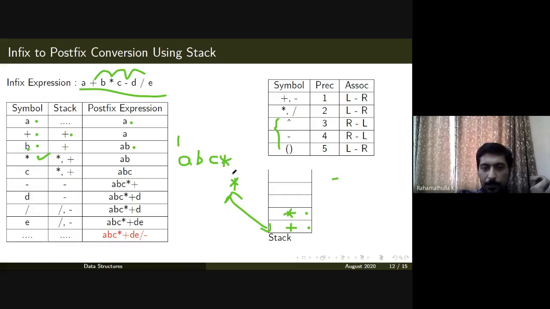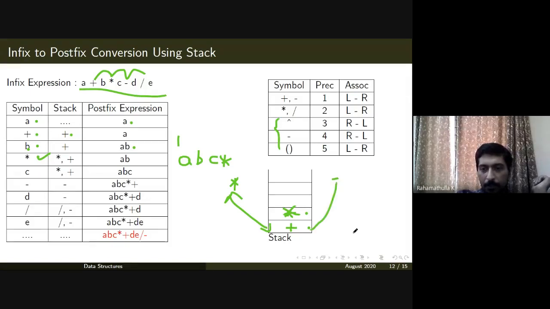So the postfix expression right now is A, B, C, and star.